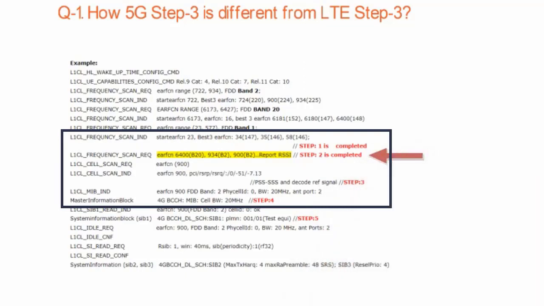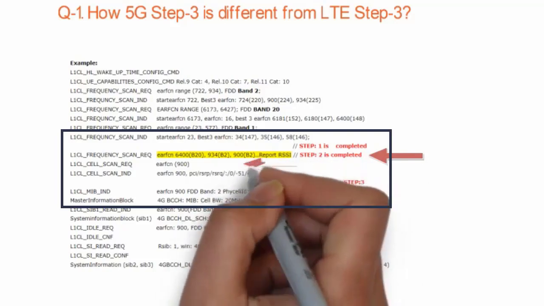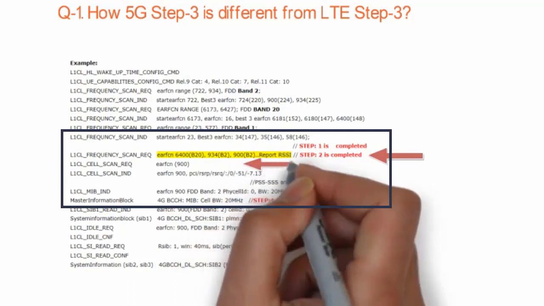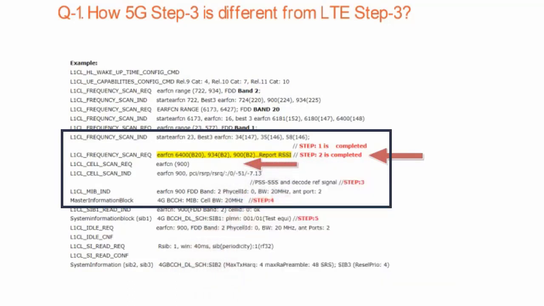Now what will the upper layer do? The upper layer sends the frequencies one by one to the layer to decode the physical cell ID. To decode the physical cell ID, first the UE needs to decode PSS and SSS.